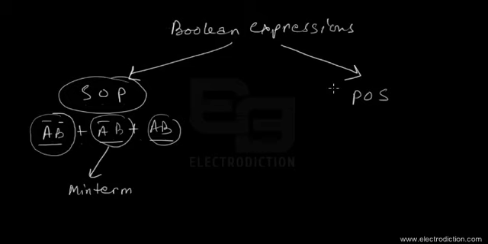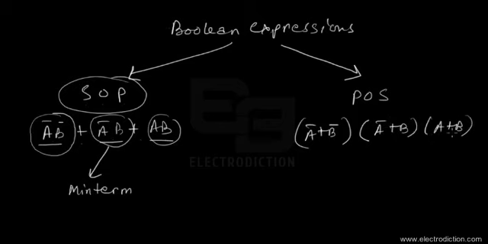For the POS form, an expression on the other hand would look something like this, which I'm showing over here. In this expression we have certain groups of variables expressed as sums, and these sums are multiplied together to make up the output expression for a digital circuit.